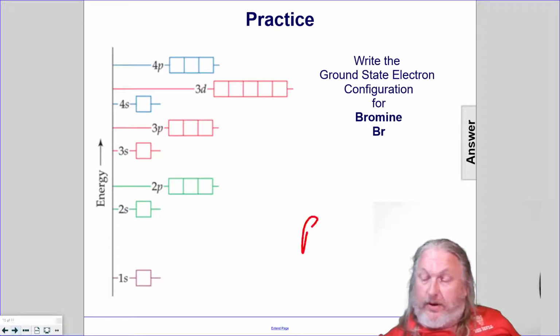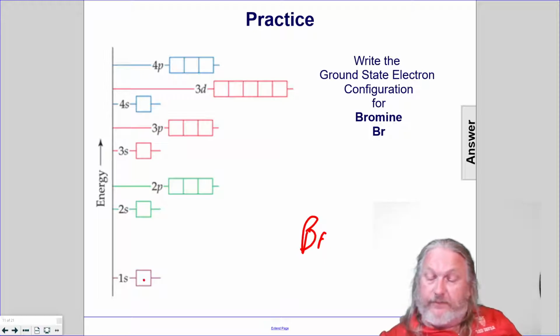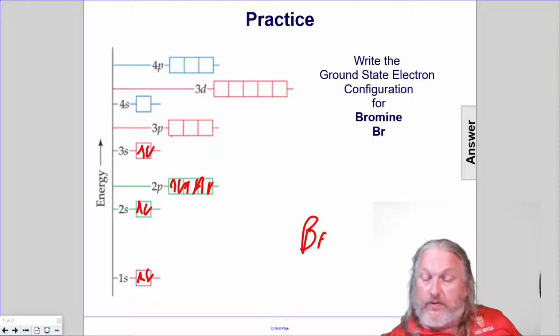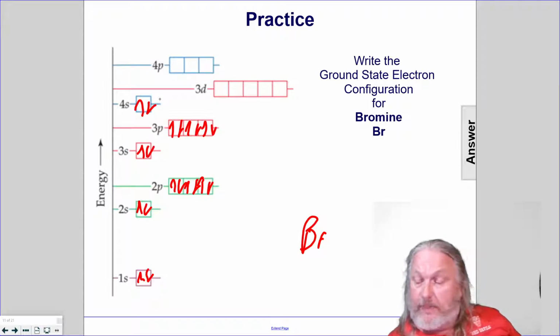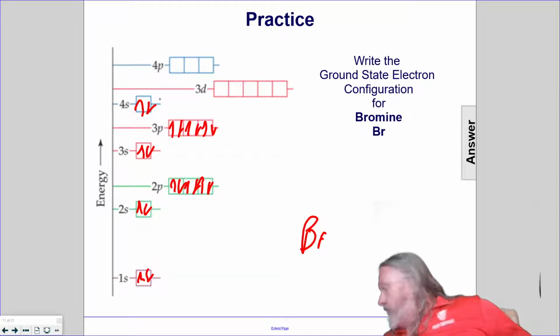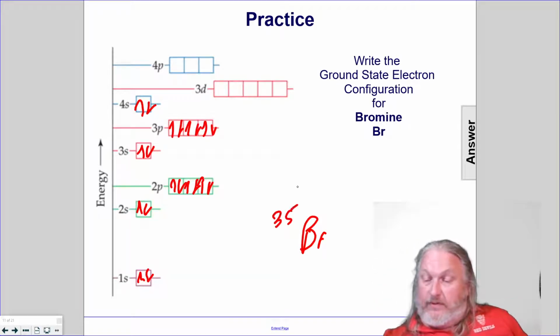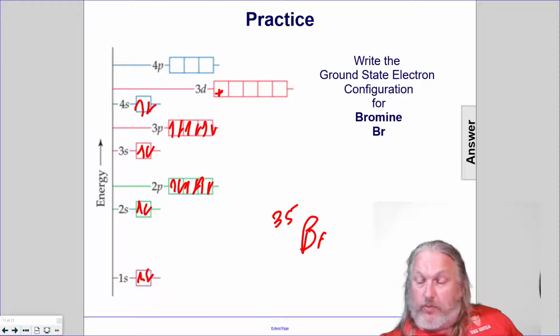Whew, this is going to be a while. 1, 2, 3, 4, 5, 6, 7, 8, 9, 10, 11, 12, 13, 14, 15, 16, 17, 18, 19, 20, 21, 22, 23, 24, 25, 26, 27, 28, 29, and 30.